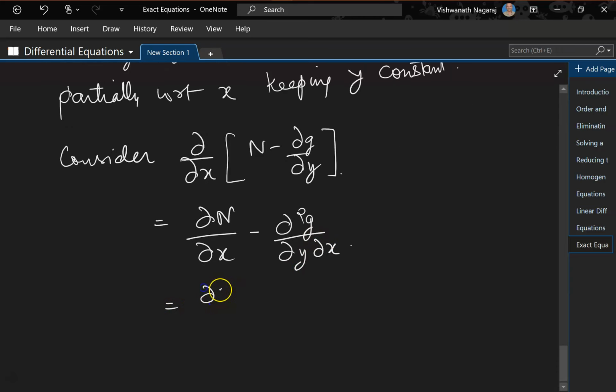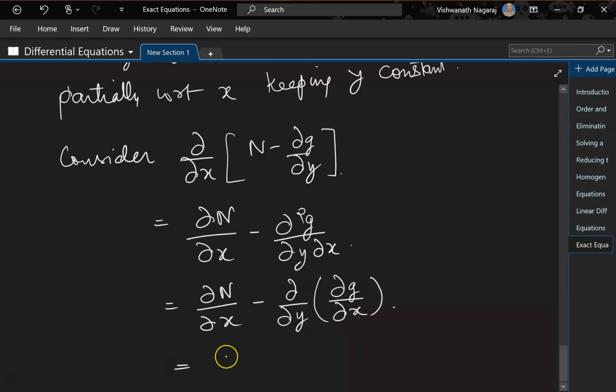Now, ∂N/∂x, this can be written as ∂/∂y of ∂g/∂x. See, the order doesn't matter, remember? So ∂/∂y of ∂g/∂x. But we know what ∂g/∂x is.